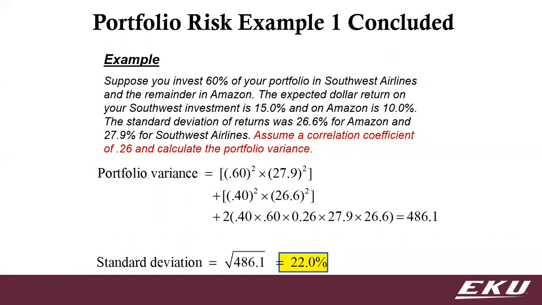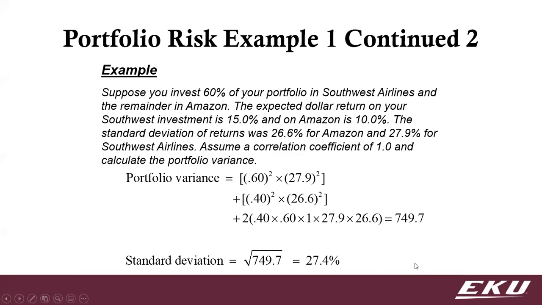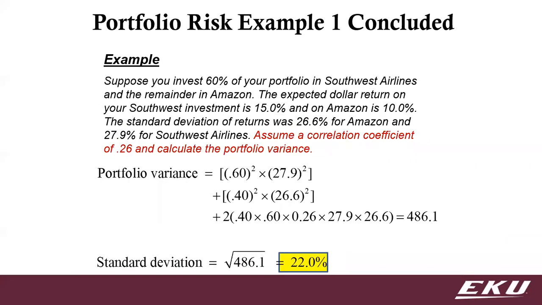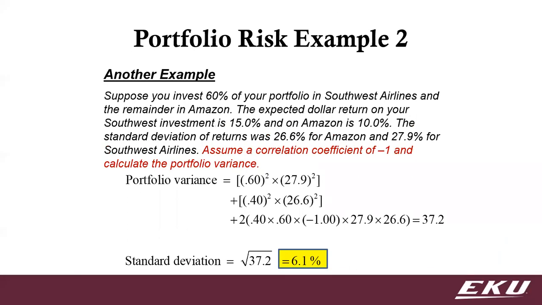Okay, what if we were to make it, instead of 1, only 0.26? If you put a 0.26 there, now the standard deviation is going to drop to 22, where before it was 27.4. So that's that correlation coefficient. You want that to be the smallest number possible. And in fact, what if you make it -1, the other extreme?